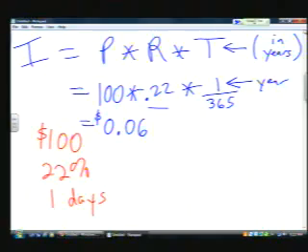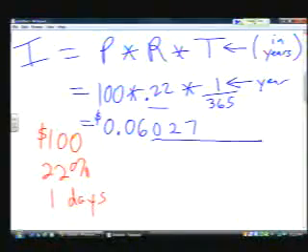Now, by the way, don't think for a second they're going to drop all of that decimal stuff at the bank. Don't think for a second that they're going to drop that 0273973 whatever. Okay?